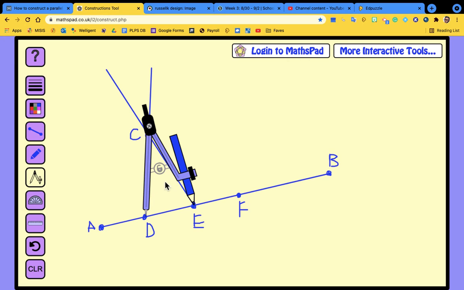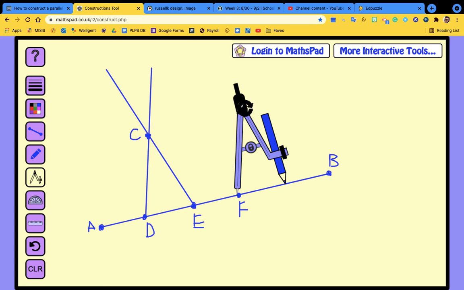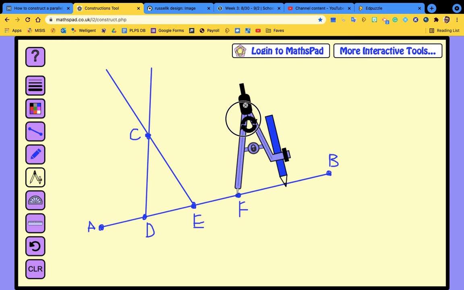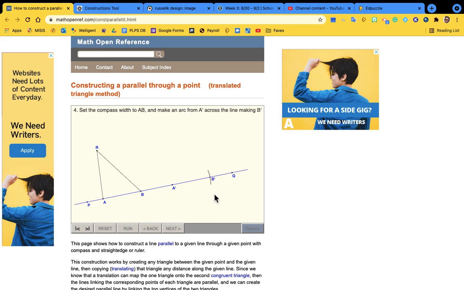I'm going to lock it in and I'm going to move my compass over to F. And I'm going to draw a little arc. And I'm going to call that little arc here G. Just like that. Okay. So we did that.